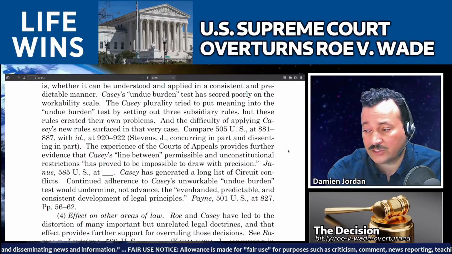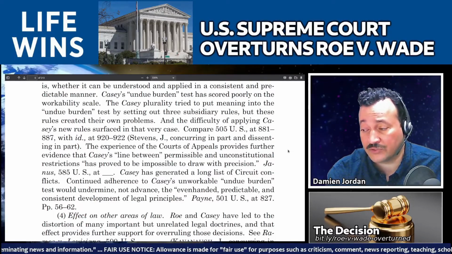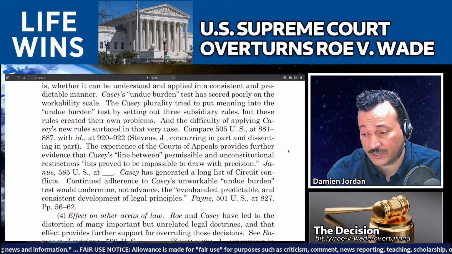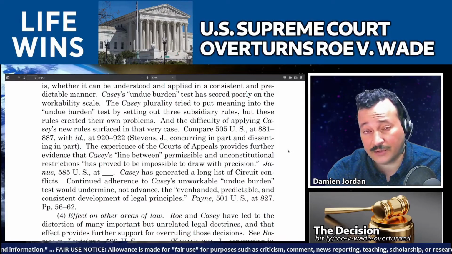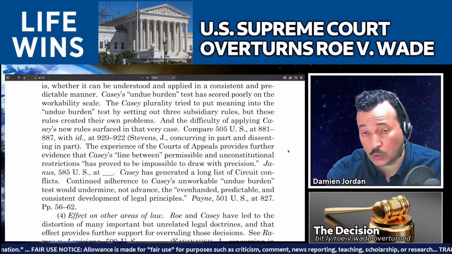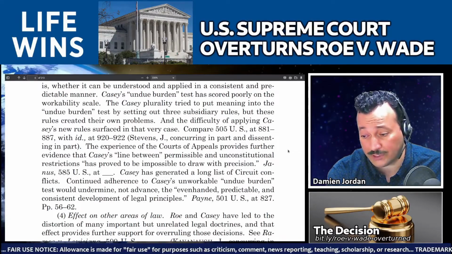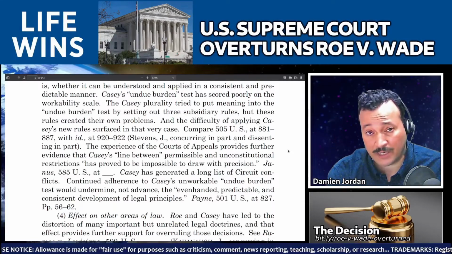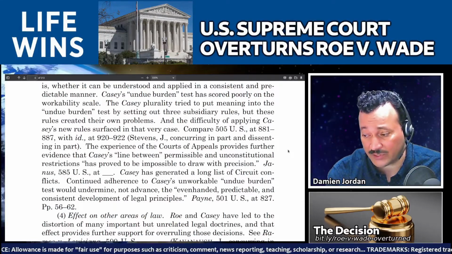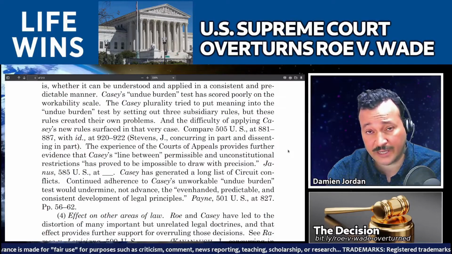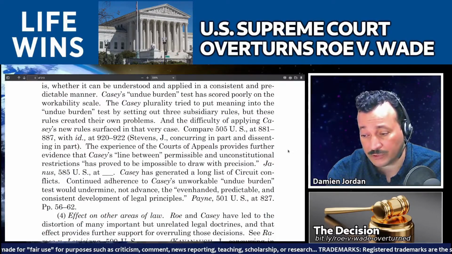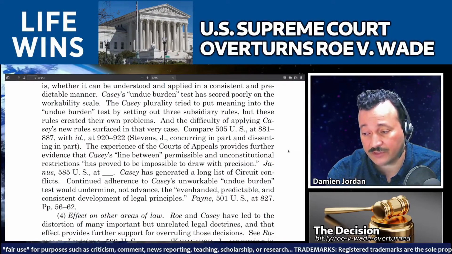Casey has generated a long list of circuit conflicts. Continued adherence to Casey's unworkable "undue burden" test would undermine, not advance, the "even-handed, predictable, and consistent development of legal principles."